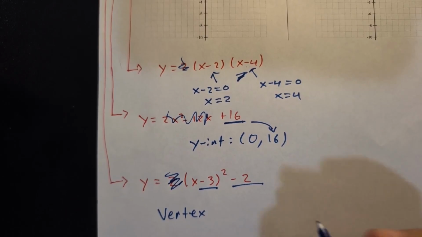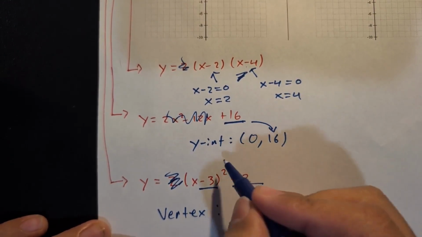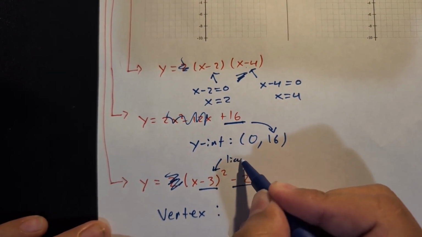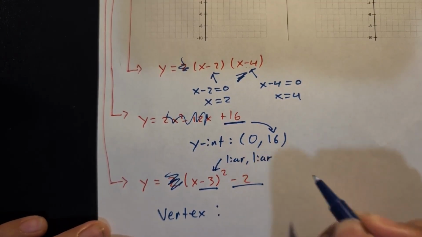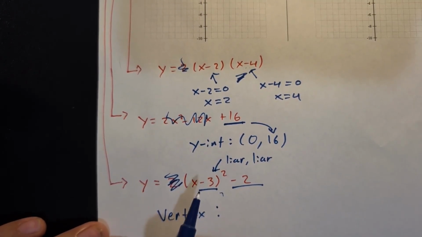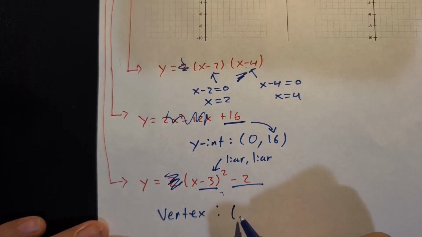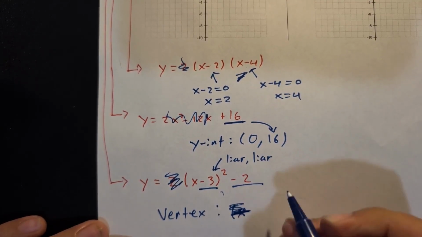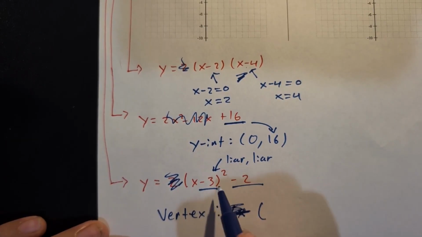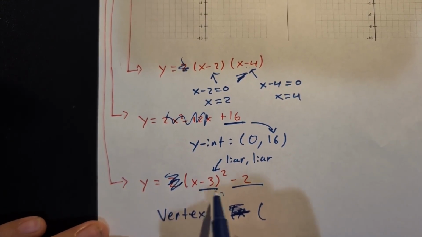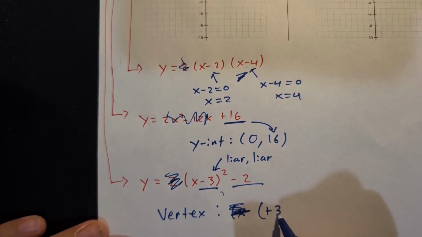Only those two numbers. The inside is a liar, so do the opposite. The opposite of negative 3 is going to be a plus 3.